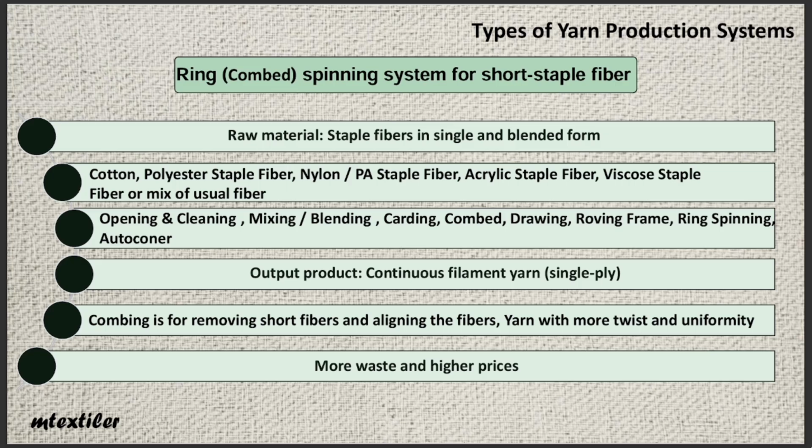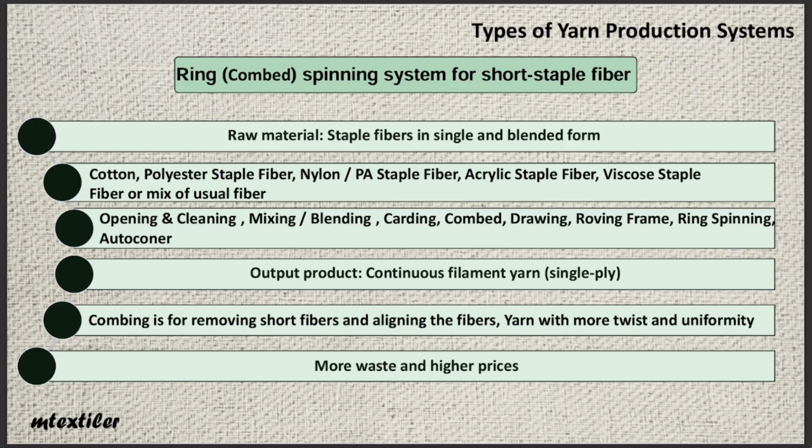Raw material: staple fibers in single and blended form. Yarns producible in this system: cotton, polyester staple fiber, nylon, PA staple fiber, acrylic staple fiber, viscose staple fiber, or a mix of usual fibers.